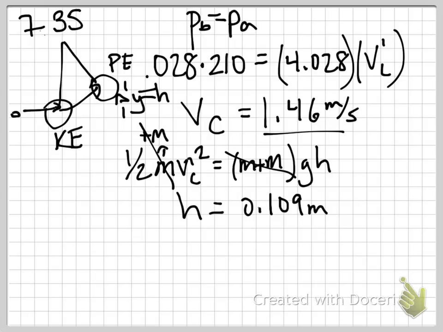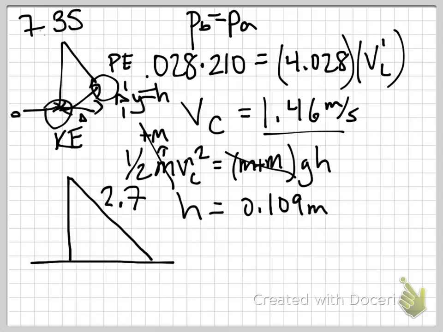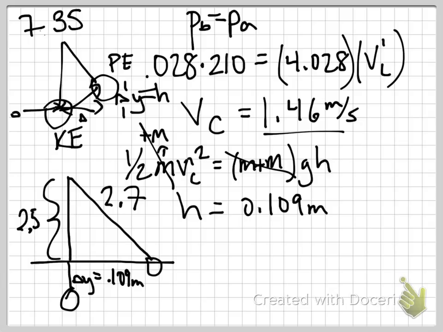Then to find the horizontal component of the pendulum's maximum displacement, it's just a trig problem or a geometry. I don't even know what to call it. Geometry. 2.7 meters is the length. This was where the mass was, and then it moved up to here. So this is your delta y, or that 0.109 meters, which means this side here is 2.591 meters.